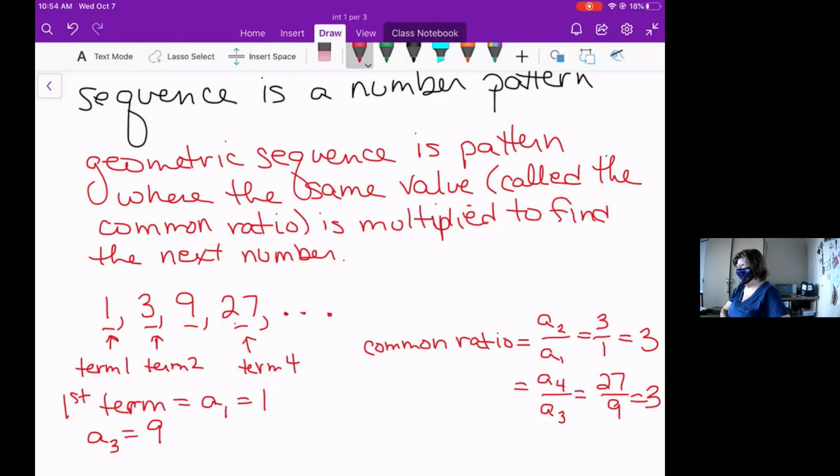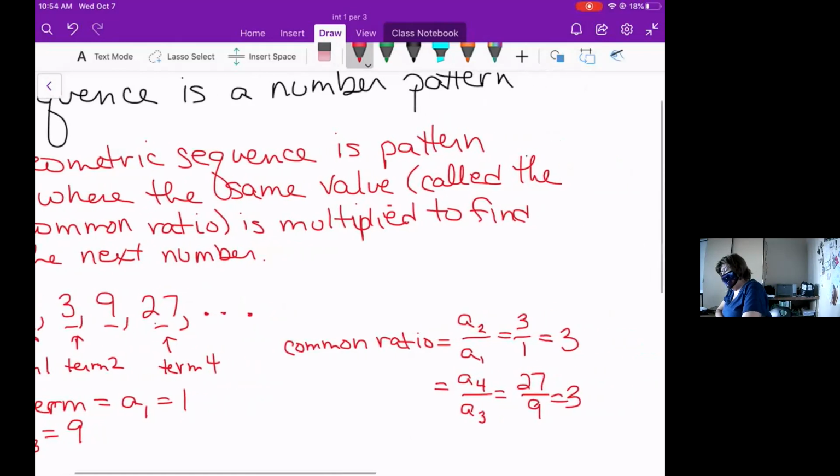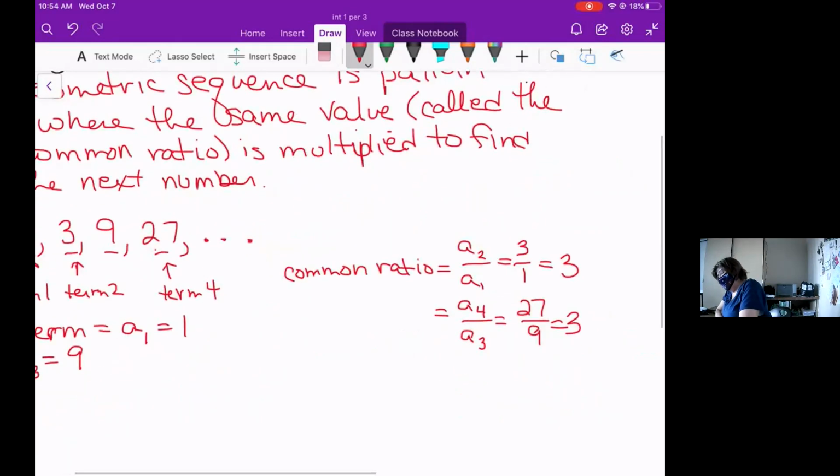Does that make sense? The general way it's written is a sub n, where n is a number, over a sub n minus 1. That is the general formula for it. Now you're probably thinking, well, wait a second, what if n is 7, what's this number? 6, it's 7 minus 1.